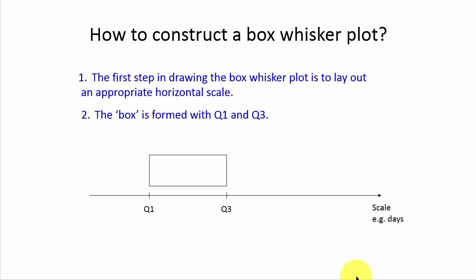If you have to draw a box-whisker plot, we start by drawing the box. So you have the Q1 and the Q3. The thickness does not necessarily represent anything. It could have been narrower and it would have presented the same information. But it's the Q1, Q3. You draw this and then the box is formed.